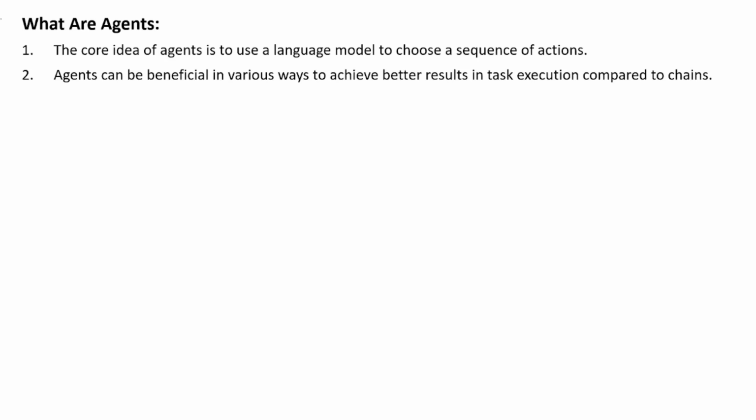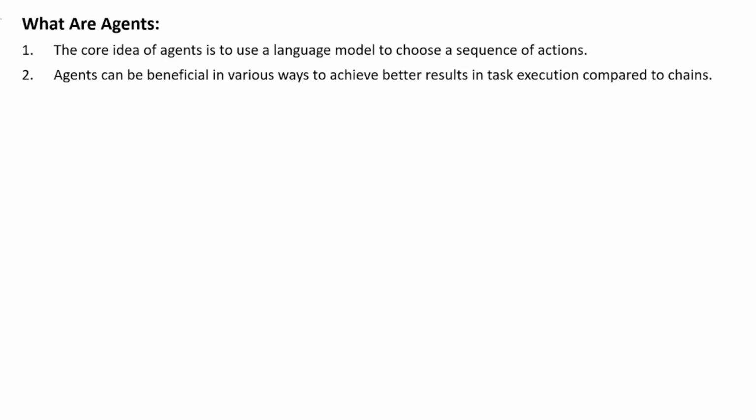Agents can also utilize fewer prompt tokens if there are multiple tables in the database and only a few tables are required to answer the user's question. These agents can also recover from errors, while that is not feasible for chains.